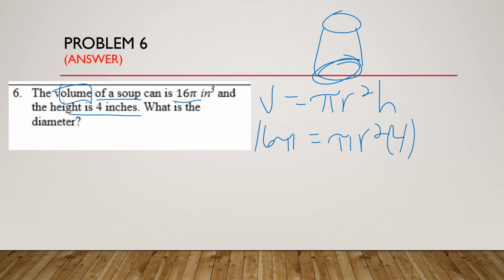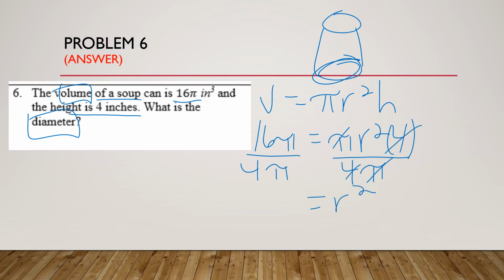And we're solving for diameter, but before we can find diameter, we have to find the radius. To get the radius by itself, we're going to divide both sides by 4 pi. Our pi's will divide out to 1, our 4's will divide out to 1, so we're left with r squared. On the other side, our pi's divide out to 1, and 16 divided by 4 is 4.